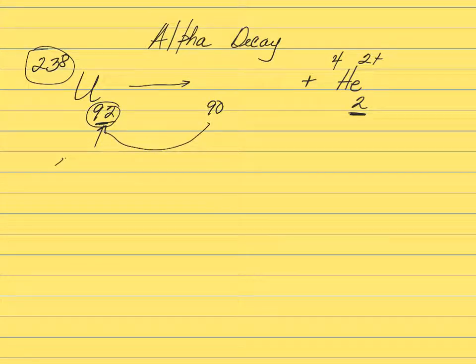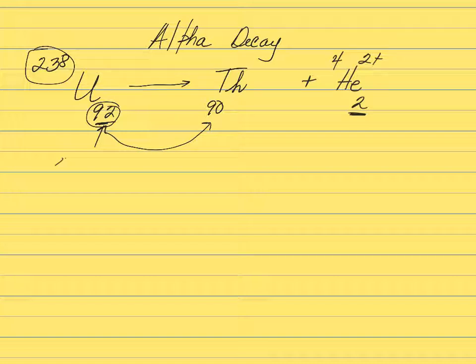Consequently, the atomic number went down by 2. If the atomic number changed, do I have the same element? No. What is the element that has an atomic number equal to 90? We don't know, Ms. Ramos, because we don't have a periodic table. Thorium, atomic number equal to 90.